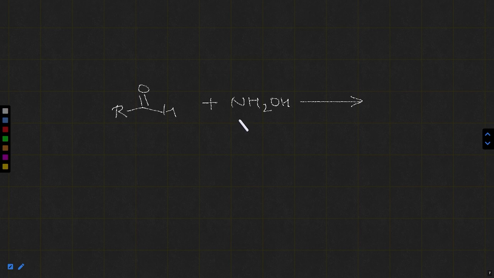If you are looking at this and saying that it has the possibility of acting as a base, then you are wrong in this. Sorry, it is not an acid first of all, and it is also not a proper base to react with this RCHO because it is not strong enough.